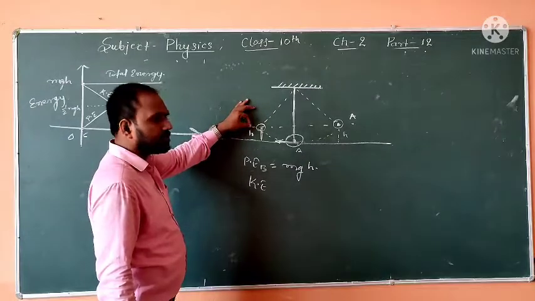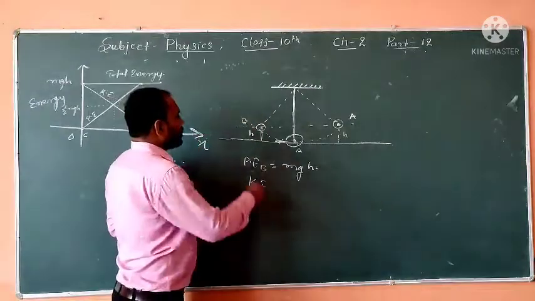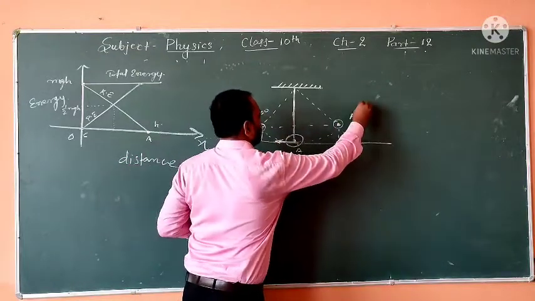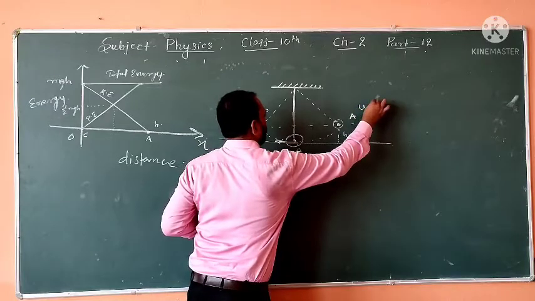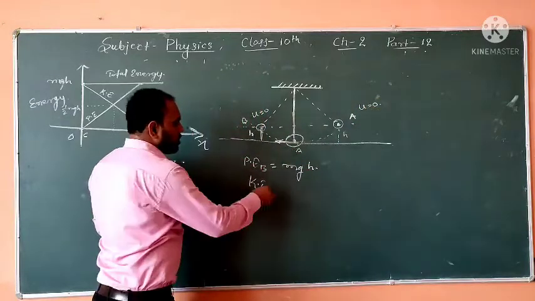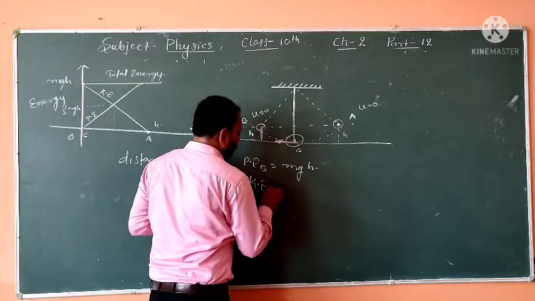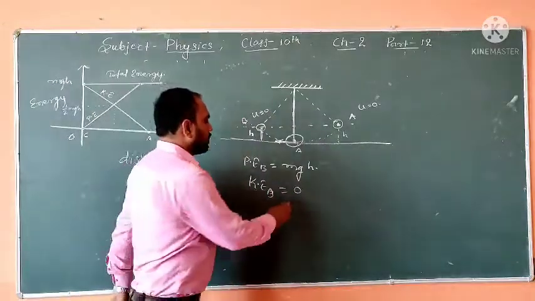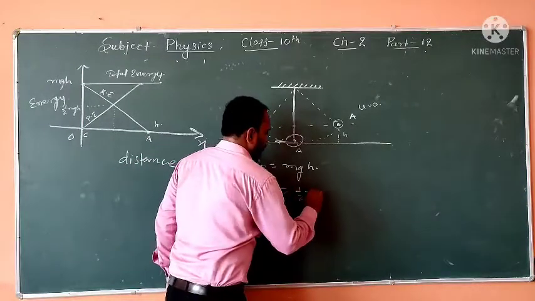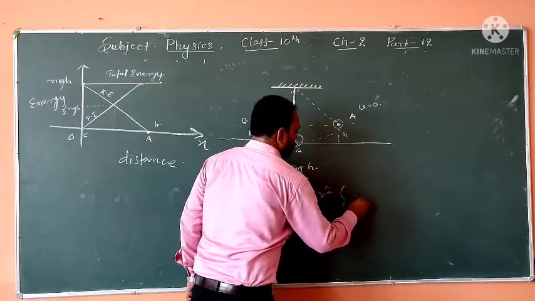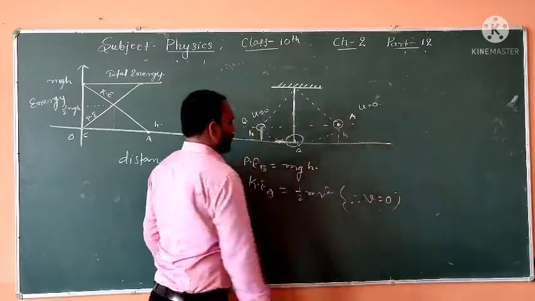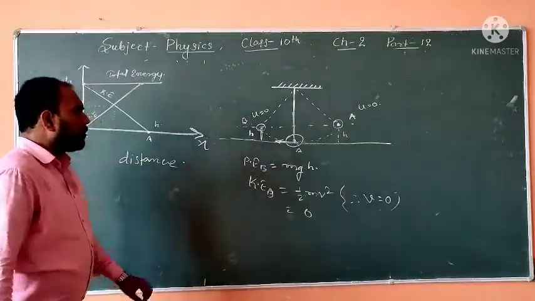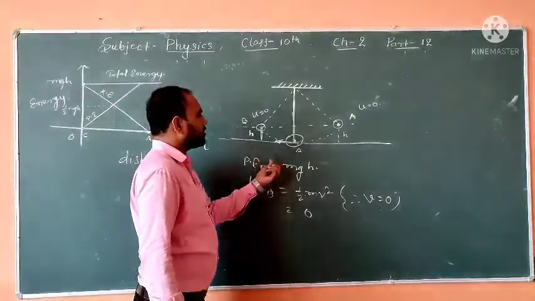The body is at rest at point B, so the velocity will be 0. So kinetic energy at B will be 0, that's half mv square, and v will be 0. By adding, we will get mgh.